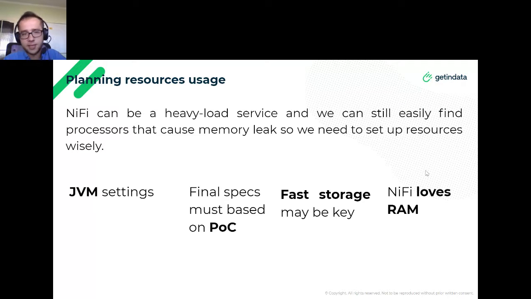And one more thing is about fast storage for NiFi, especially in case of pipelines in which we process a lot of small files downloaded from external data sources, and when they are merged or when we do any data engineering tasks directly on the NiFi.